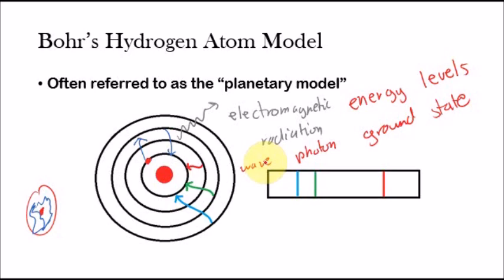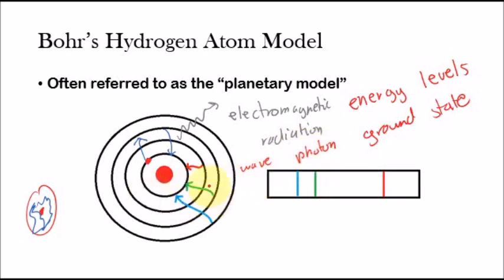Okay, let me run through the process quickly again, just to recap. An electron is going to get energy in order to go up in energy levels. When it's coming back down, that energy is released as electromagnetic radiation, which, whenever it goes back down to the ground state, can be released either as a wave or as a photon. You can think of it as both.